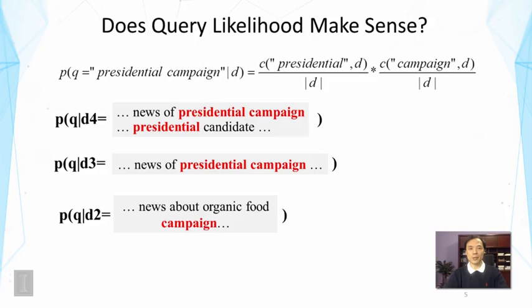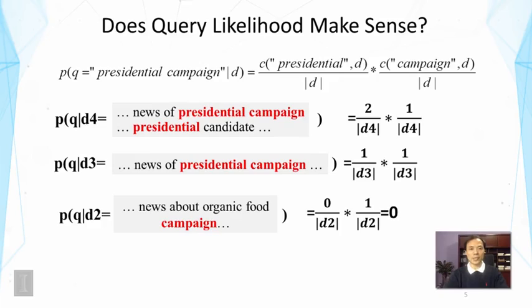Well, it's very simple, right? We just count how many times we have seen presidential, how many times we have seen campaign, etc. And we see here for D4, we've seen presidential twice, so that's 2 over the length of document 4, multiplied by 1 over the length of document 4 for the probability of campaign. And similarly, we can get probabilities for the other 2 documents.